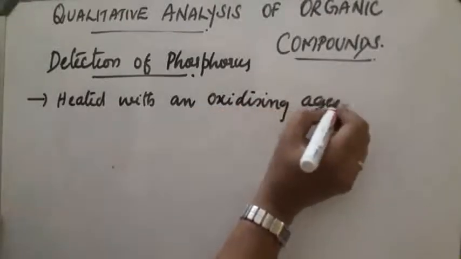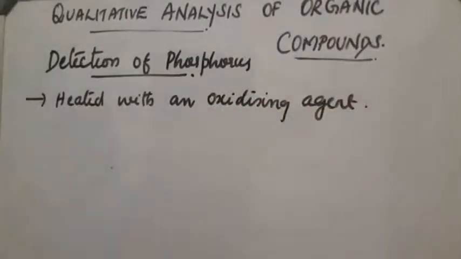On adding sodium peroxide, the phosphorus present in the compound gets oxidized to form sodium phosphate.